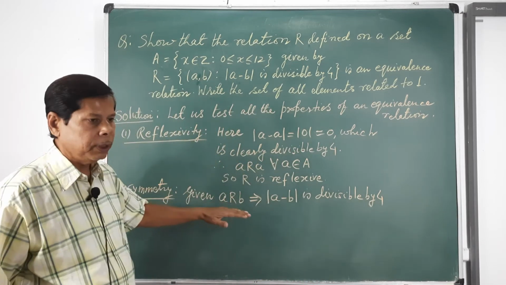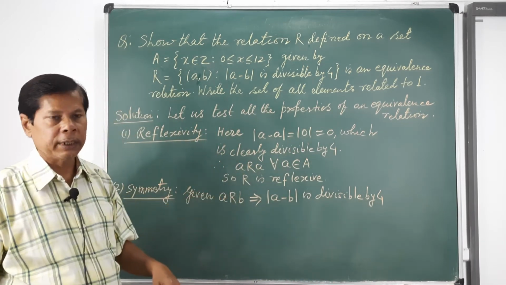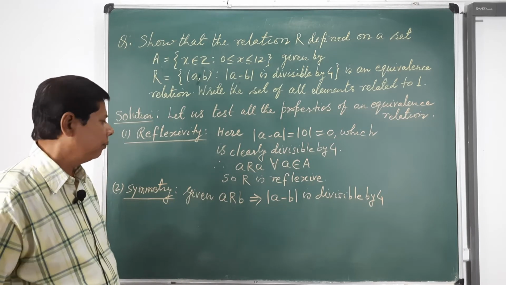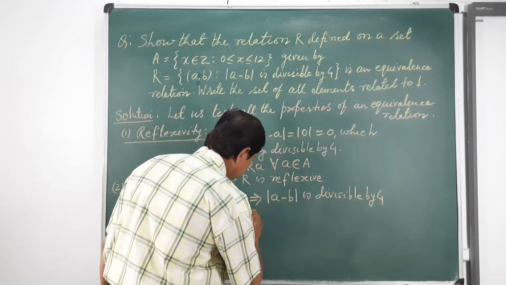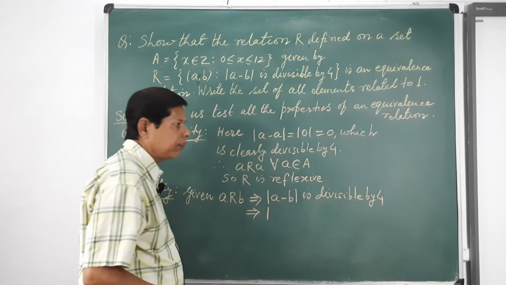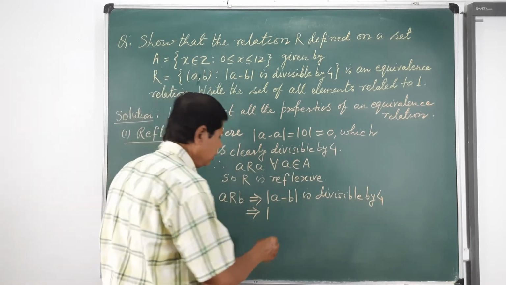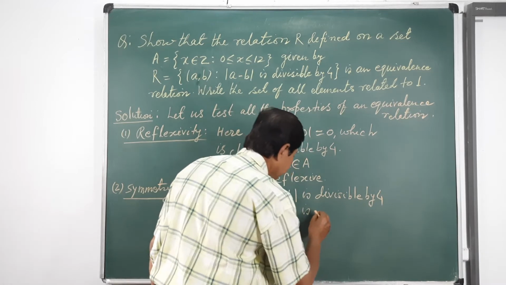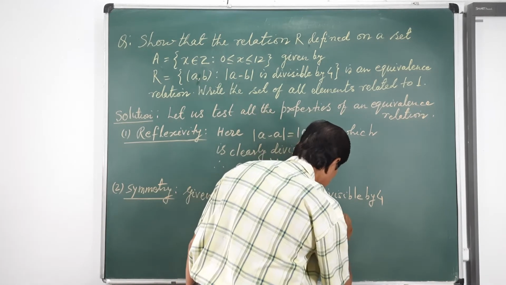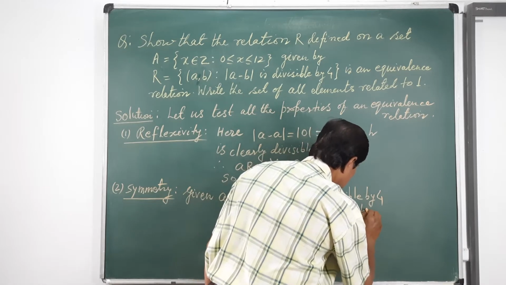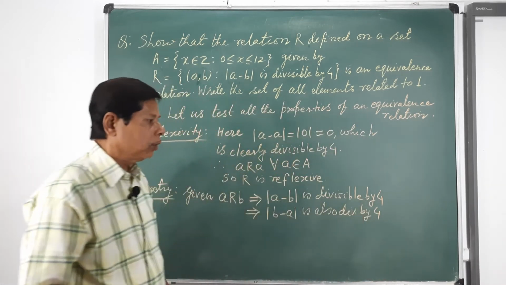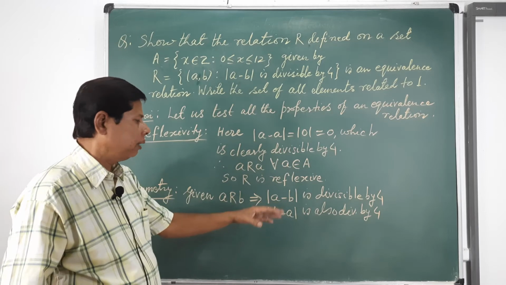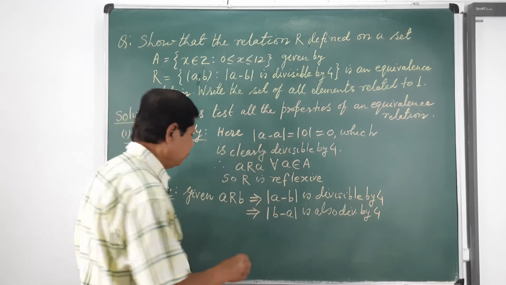So a is related to b is given and we are to show that b is related to a, if the symmetric property is to be satisfied. Now, this implies if mod of a minus b is divisible by 4, then b minus a is also divisible by 4, because both a minus b and b minus a in modulus will represent the same number. Therefore, we can write b minus a is also divisible by 4.